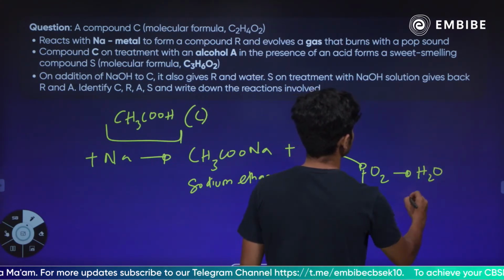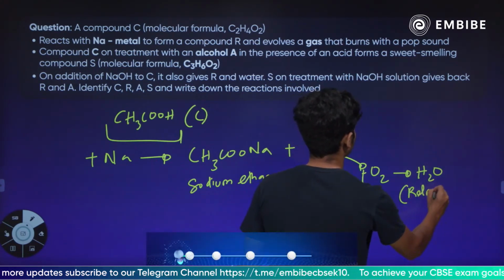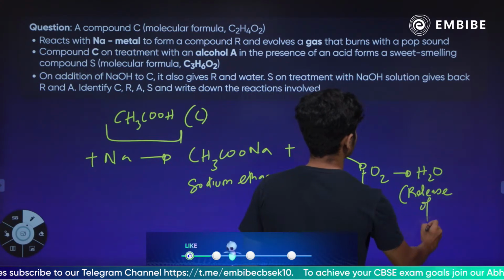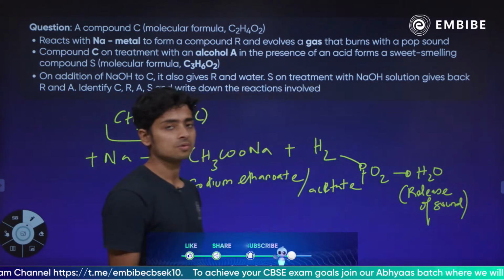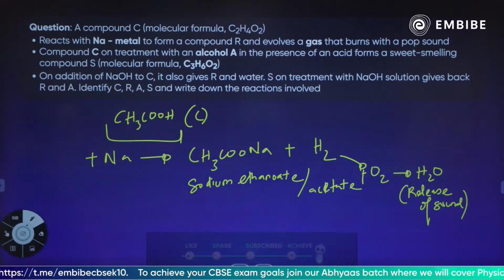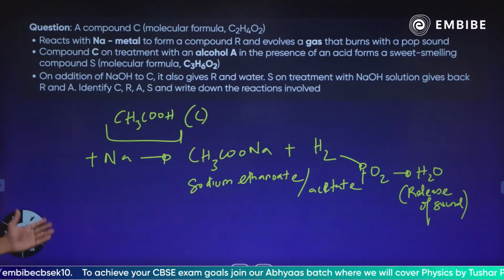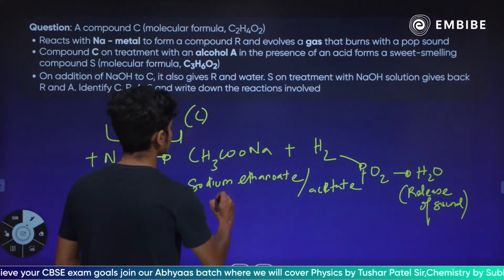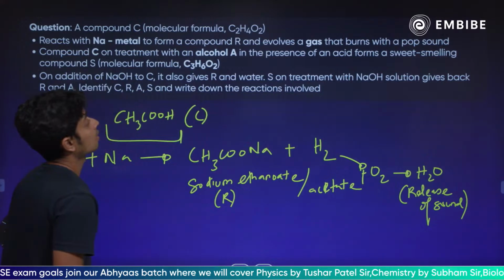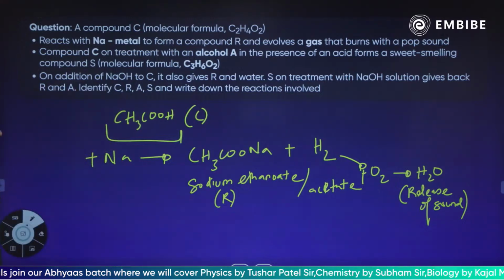This happens with a release of energy, sound, which is your pop sound, as well as heat and some light also. So sodium ethanoate or acetate is my compound R, and it evolves a gas that burns with a pop sound.